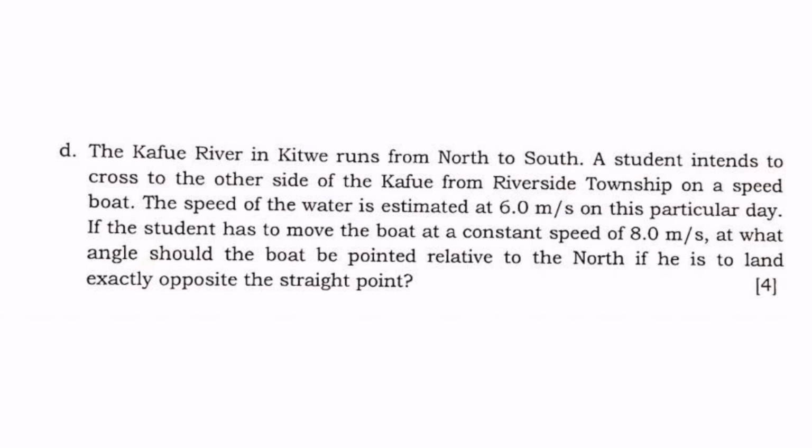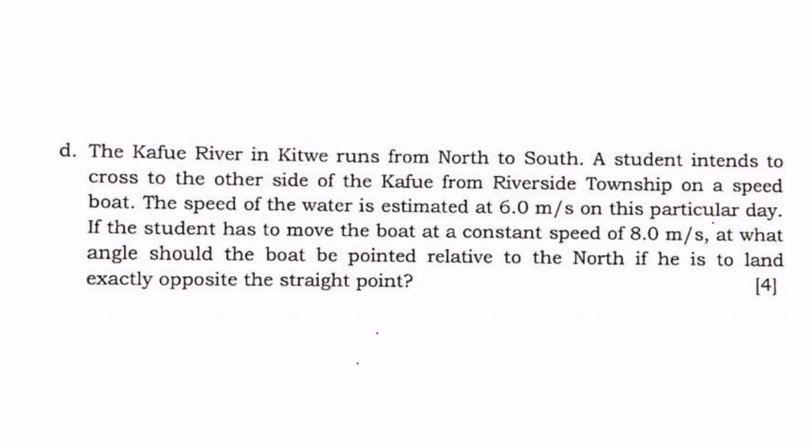Now when you look at this question, it says the Kafue River in Kitwe runs from north to south. A student intends to cross to the other side of the Kafue from Riverside Township on a speedboat. The speed of water is estimated at 6.0 meters per second.